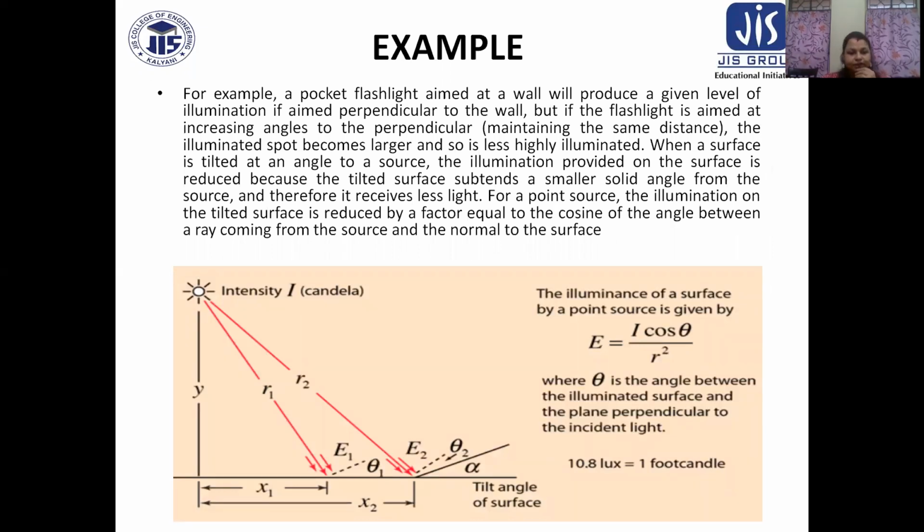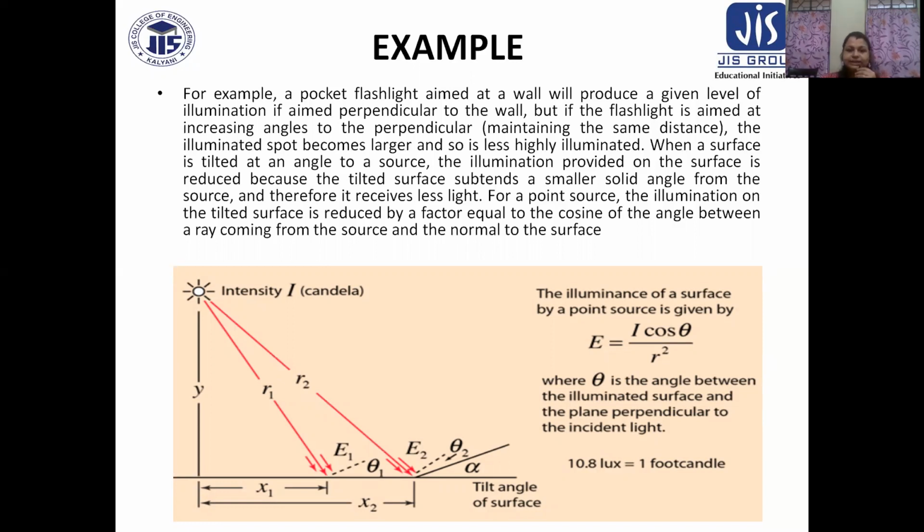Here I am giving an example. For example, a pocket flashlight aimed at a wall will produce a given level of illumination if aimed perpendicular to the wall. But if the flashlight is aimed at increasing angles to the perpendicular, the illuminated spot becomes larger and so is less highly illuminated.